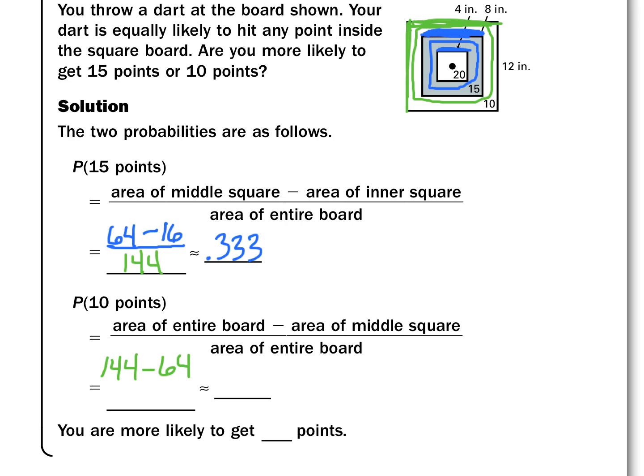Okay, we're going to divide that by the whole thing, which was 144. Okay, and that gives us approximately 0.556. So obviously 0.556 is greater than 0.333, so we are more likely to get 10 points.